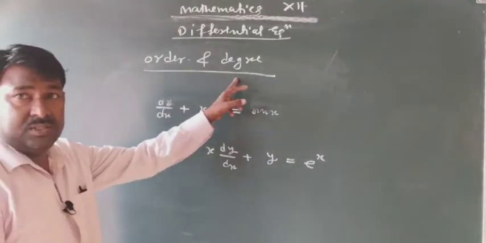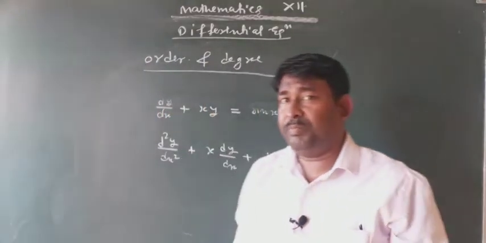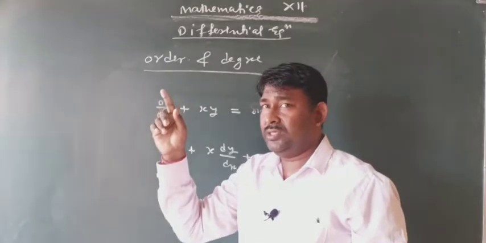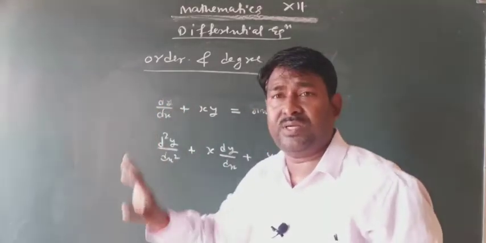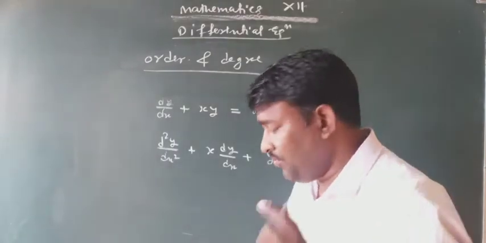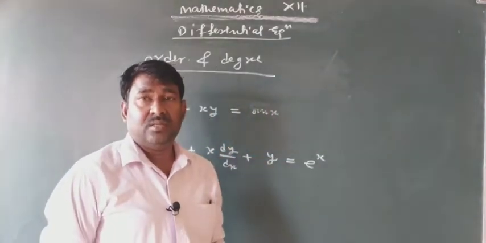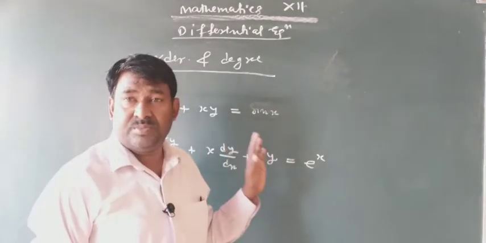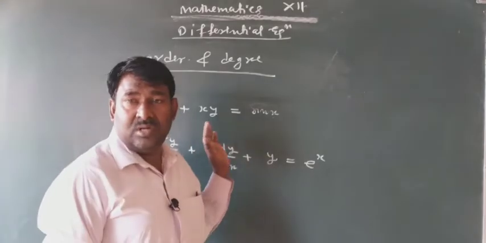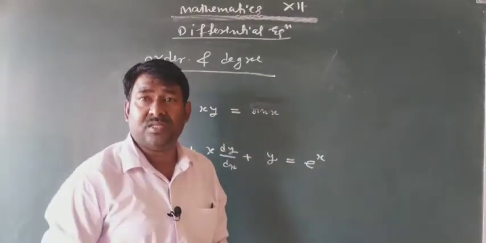Degree is the power or exponent of the highest order derivative. But here one condition is that the differential coefficient, the derivative of the dependent variable, must be free from radicals.